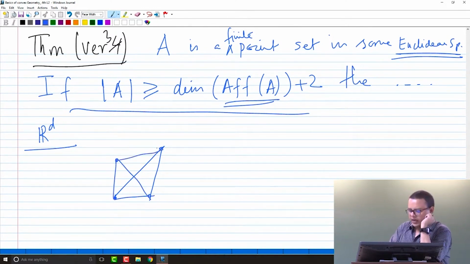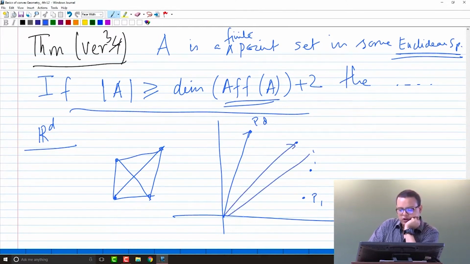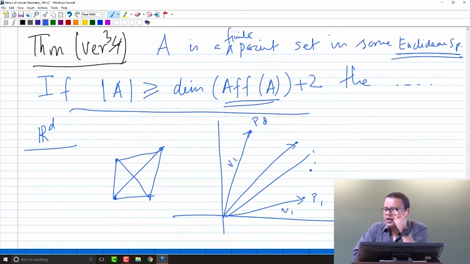Or another way to look at it is, take d points in R^d, from P1 to Pd, such that the d vectors connecting the origin to P1, up to Pd are linearly independent, a basis of R^d.